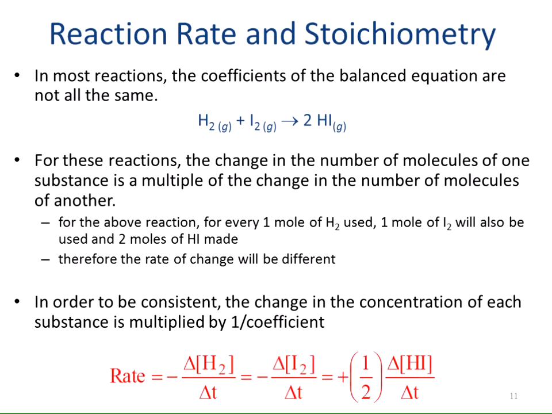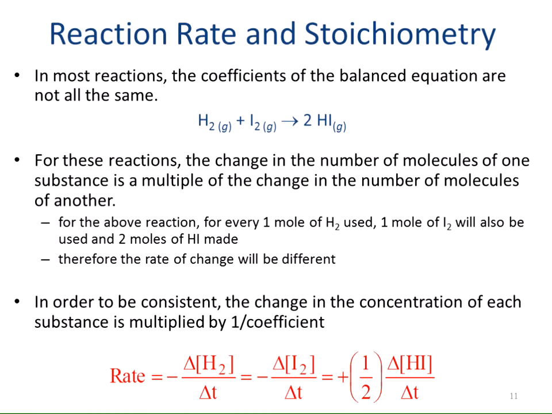Okay, so if we're calculating the rate for this reaction, remember for H2, it'd be the change in concentration of the H2 over the change in time. And this is a reactant, so we need to put the negative out in front. Very similar for the I2. It's the change in I2 concentration over the change in time multiplied by a -1 because it's a reactant.